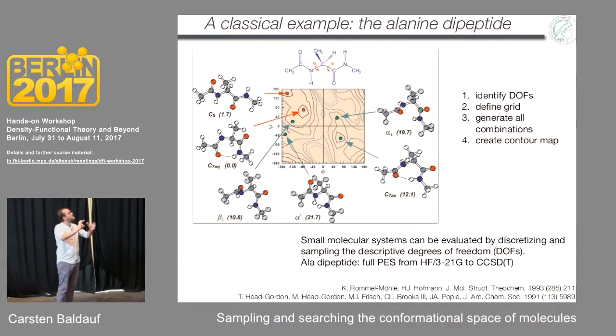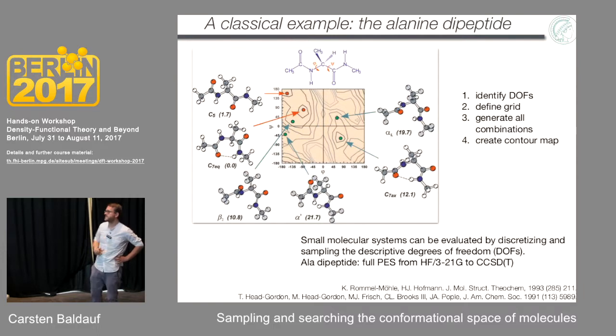And then you generate all the combinations of these two torsion angles and obtain an energy value for them. And then you can make such a nice contour plot that will tell you where the minima of this molecule are, and also where the global optimum, the C7 equatorial structure, is to be found. If I'm correct, this is also the example that you are going to compute in the tutorial this afternoon.